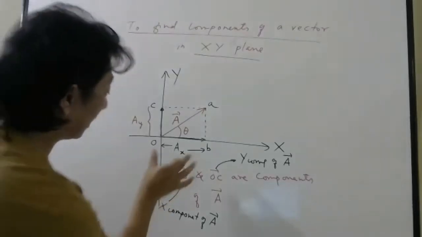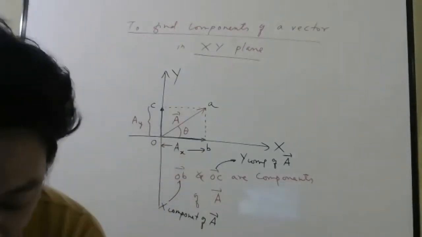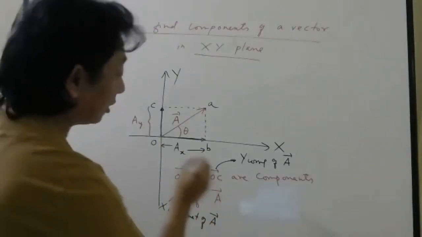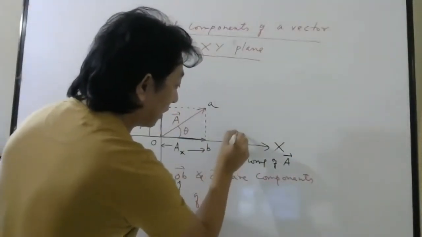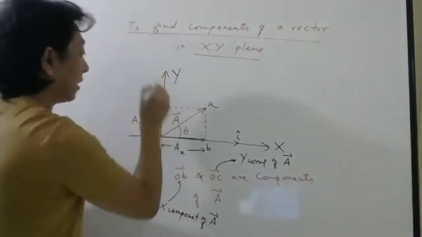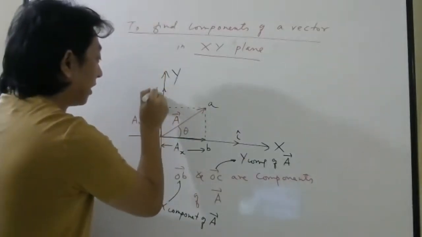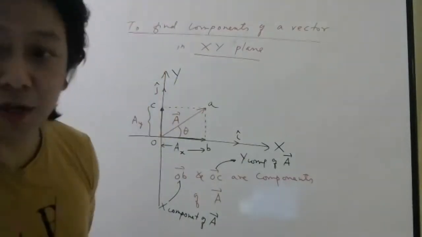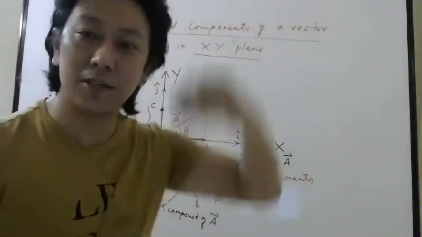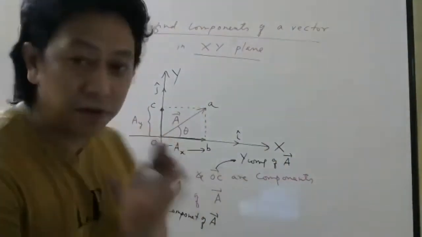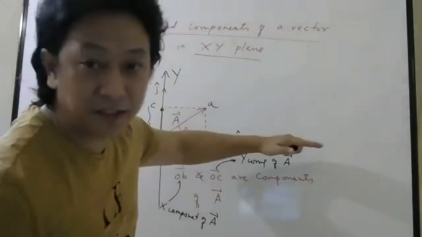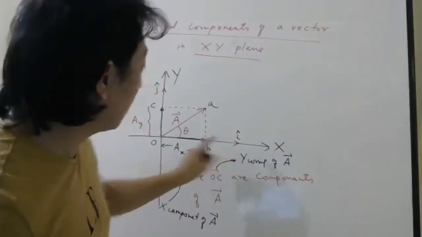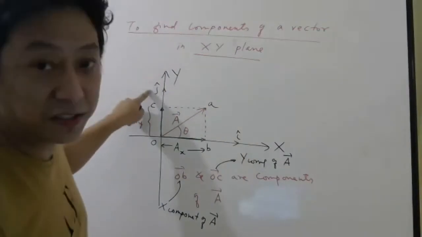Because it is just length. By the way, along the x-axis, we always choose unit vector i cap. And along the y-axis, we always choose j cap. That is historically. Since olden times, in every textbook and whenever teachers teach, they write for the x-axis unit vector i cap and for the y-axis unit vector j cap.